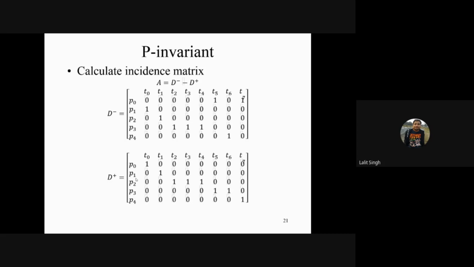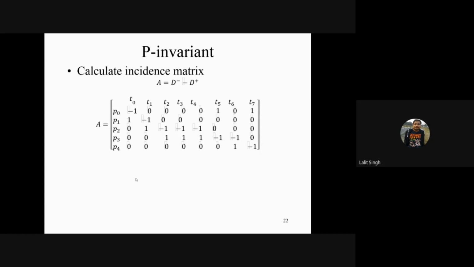If there is some difference, it means there is some internal trait, right? So this is the way we calculate the A matrix, known as the incidence matrix, after subtracting these two matrices.